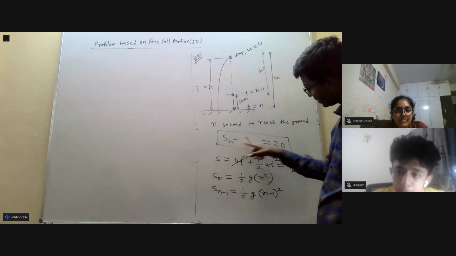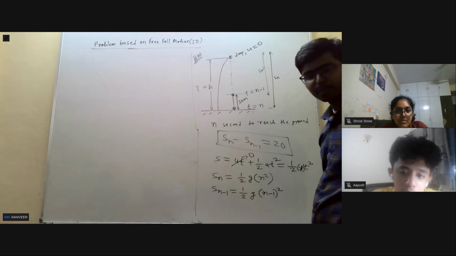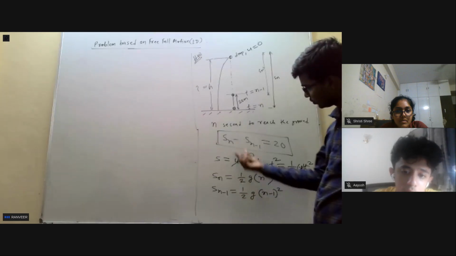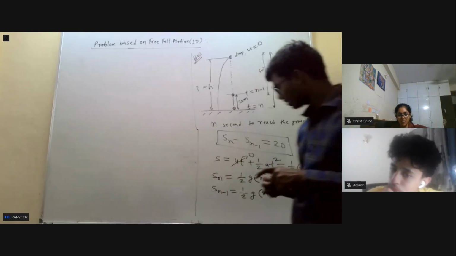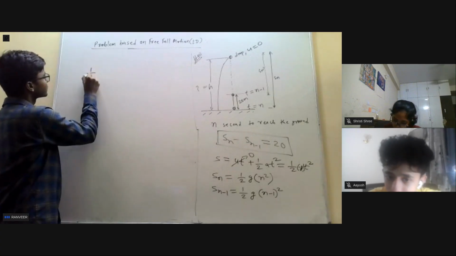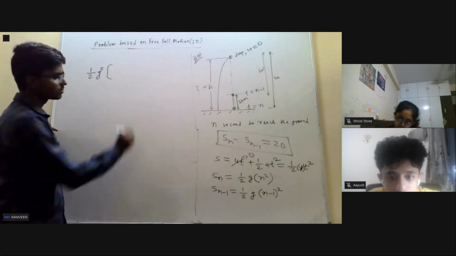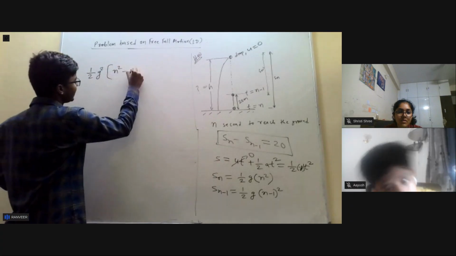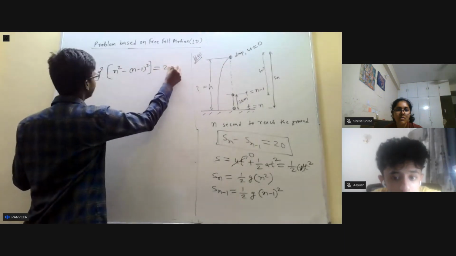So that I have done here, and I apply the formula of Sn. You put Sn here, Sn minus 1 here. What will become common? Half g. n square minus n minus 1 whole square equals 20.